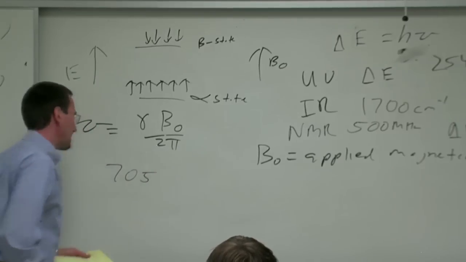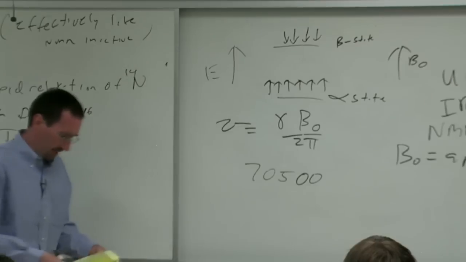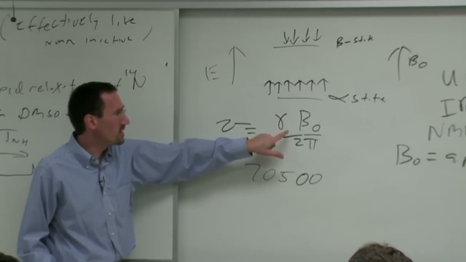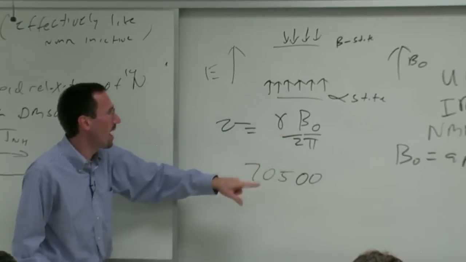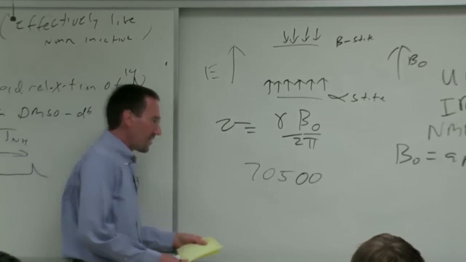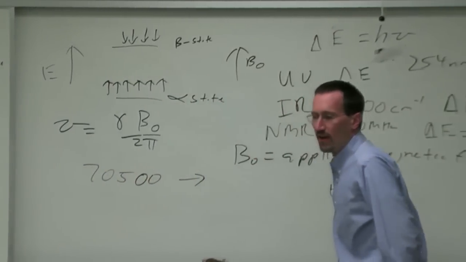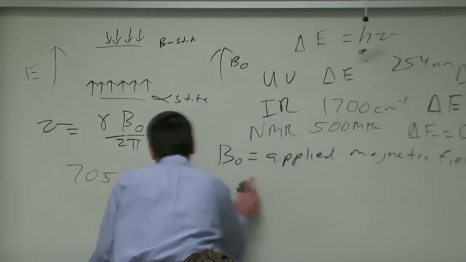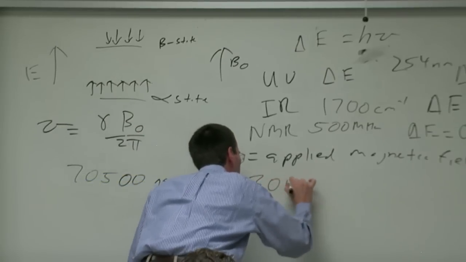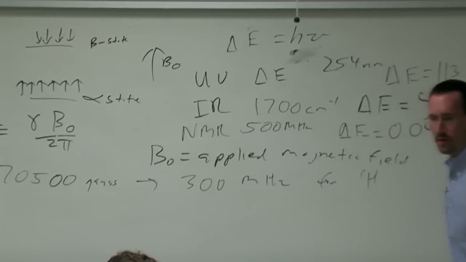So if I again plug into this equation, I'll come back to gamma in a second. We find out that if we apply a 70,500 Gauss magnetic field, that leads to 300 megahertz for H1.